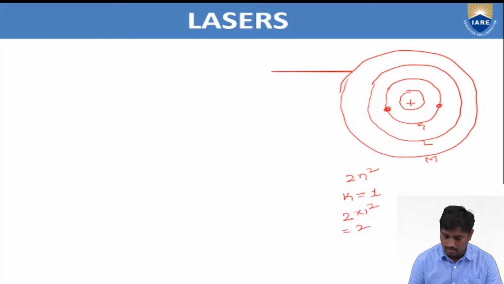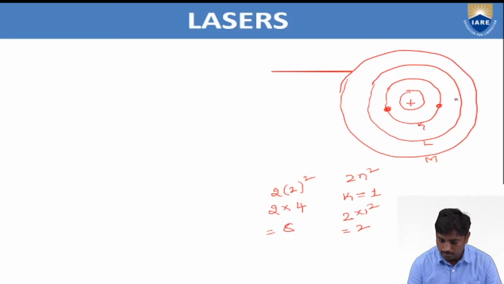Coming to the L shell, L is the second shell, so I substitute n equals 2: 2 into 2 square, which is 4 into 2, equals 8. So 8 electrons occupy the L shell. In this manner electrons are occupied in various orbitals.